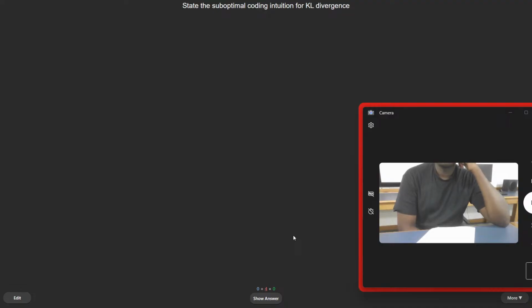So the KL divergence gives the number of bits of difference between the length of the encoding if you use the code optimized for a false distribution, but your actual data comes from your true distribution. You would expect it to be longer if you use your suboptimal code.